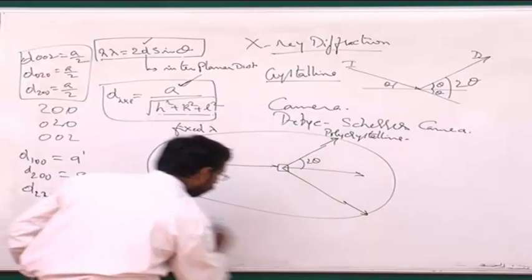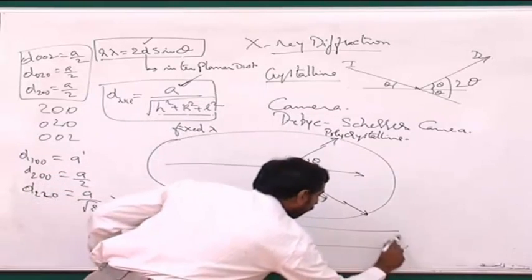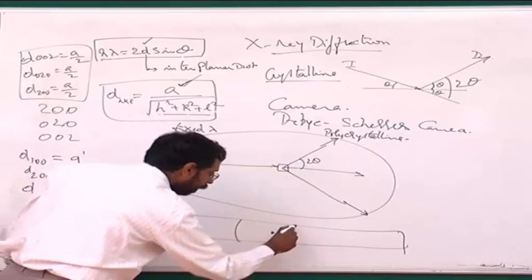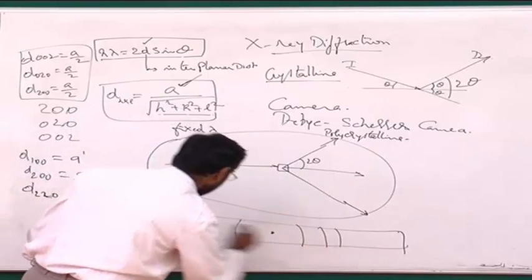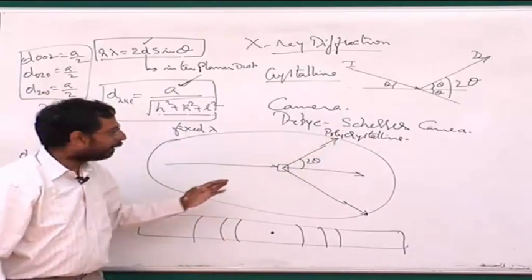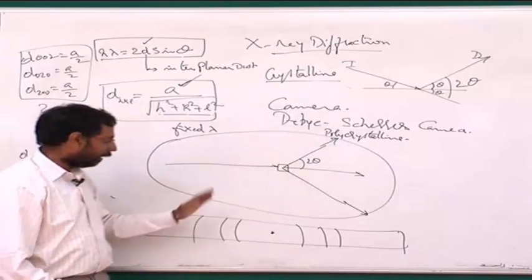And when you open up the strip, it looks like this, with this being the transmitted beam, and the diffracted beams look like arcs, because a number of radiations fall and it looks like an arc.